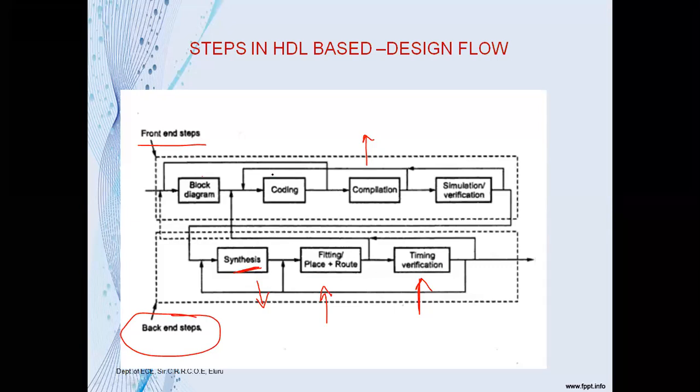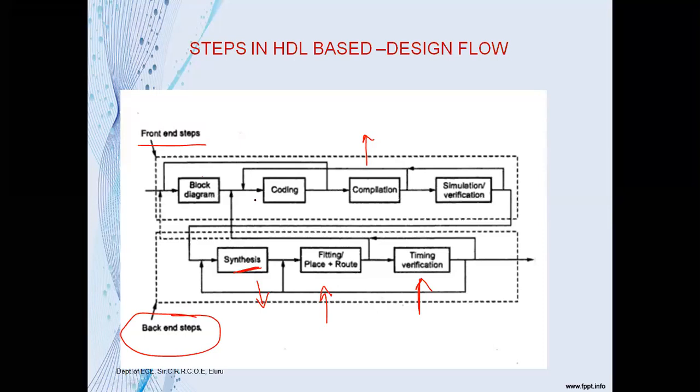So in the hardware design process, again you can see the front end steps and the back end steps here. What are the front end steps? The front end steps always represent your digital system in terms of the block diagram and truth table. Once you have defined the truth table or the block diagram, we will write the VHDL code. After writing that VHDL code, we will check for errors, and then we will check the functionality of the VHDL code, whether it is working correctly or not.